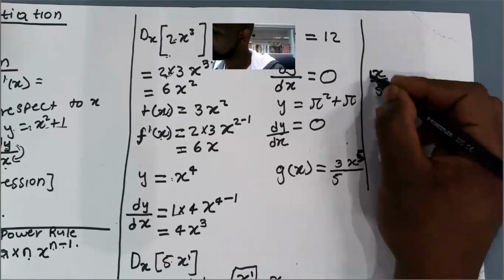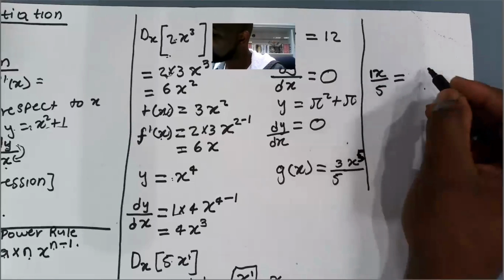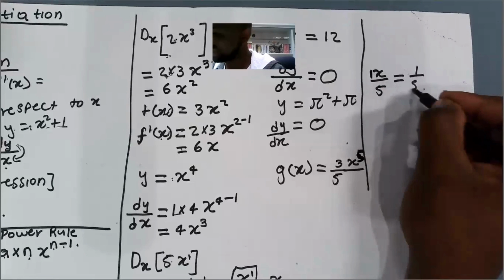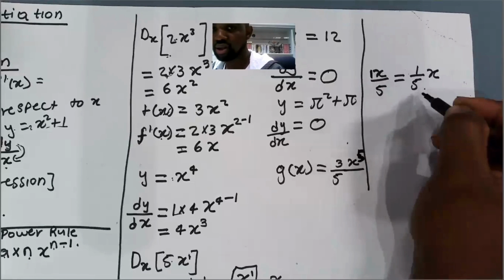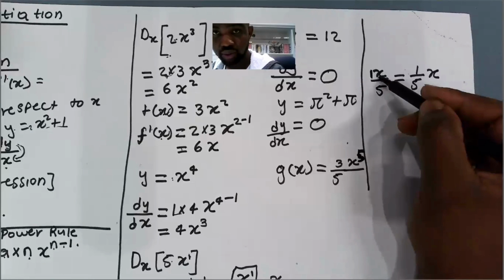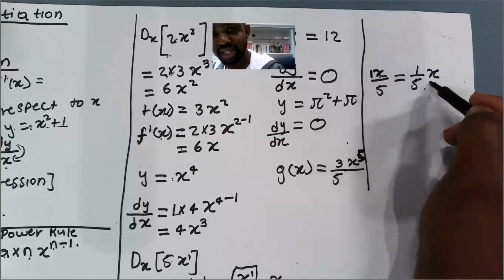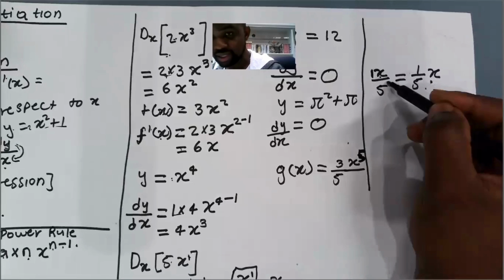Because there's always 1 here. This thing is the same as 1 over 5 x. Where they write x, they write it exactly in your numerator. But here, where will they write x? On the side, just like this. This thing is the same as this.